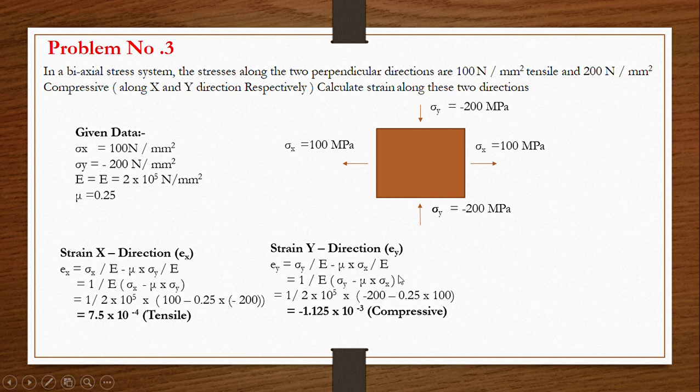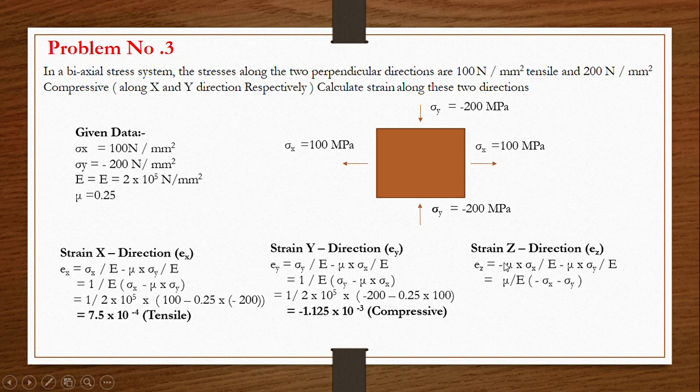I repeat, sigma x is positive as it is tensile. So minus 200 minus 0.25 into 200, so it will be minus 225, and we get the answer minus 1.125 into 10 to minus 3. So it will be compressive.